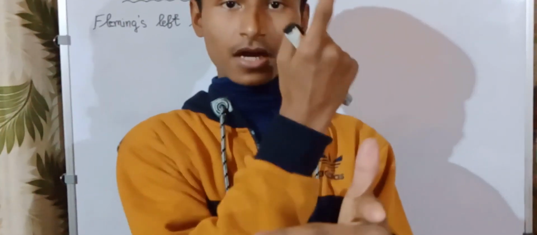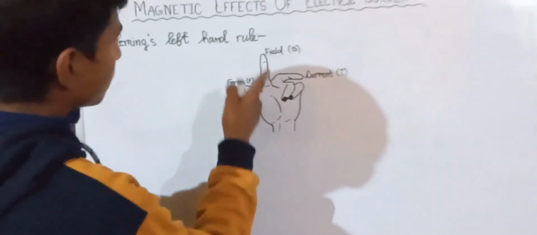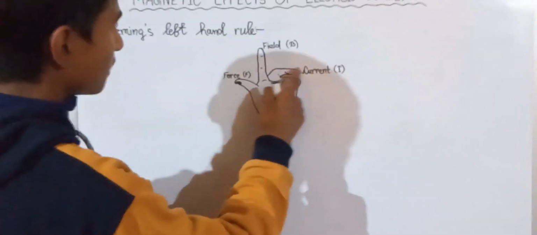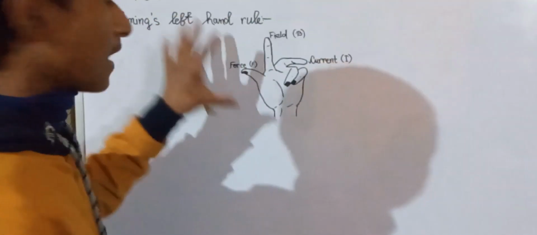Like here, if the direction of the magnetic field is upward and the current is in this way, then the force would be in this direction. So it is about Fleming's left hand rule.